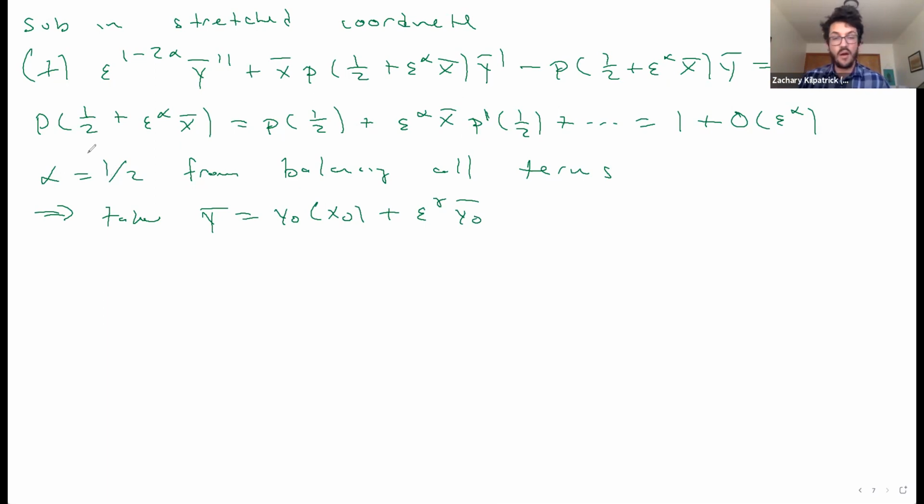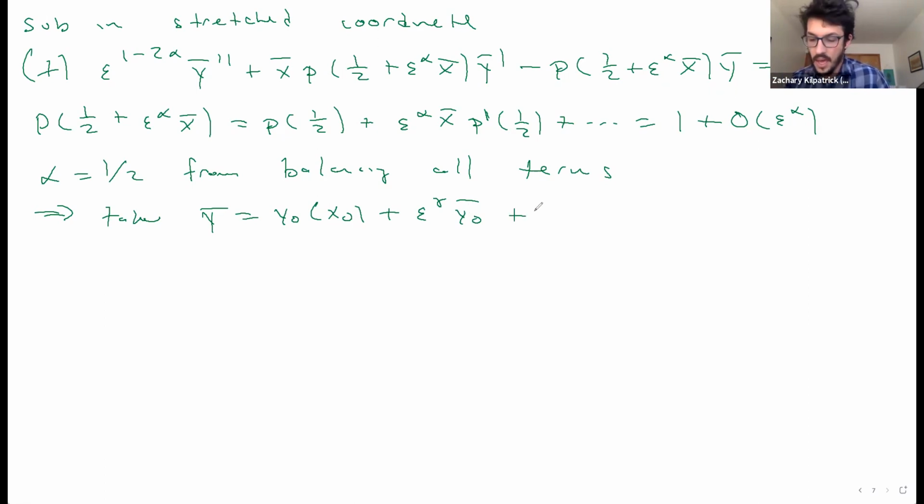So here our inner coordinates are going to have a scaling of epsilon to the 1/2. That means when I differentiate, in order to balance the order 1 changes in the derivative that happen rapidly, I probably need to take my scaling of y bar 0 to match that. It may not be that I can just take a scaling of epsilon to the 1 to make that work, so that's why we're introducing an arbitrary scaling here.